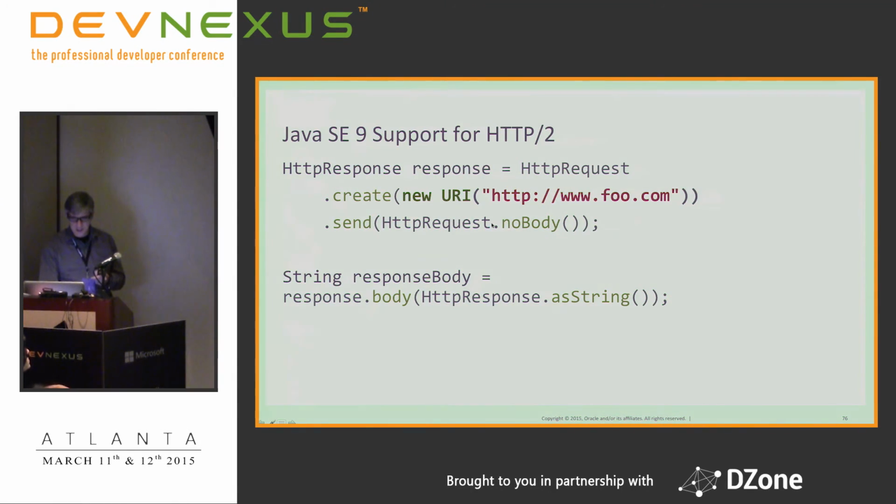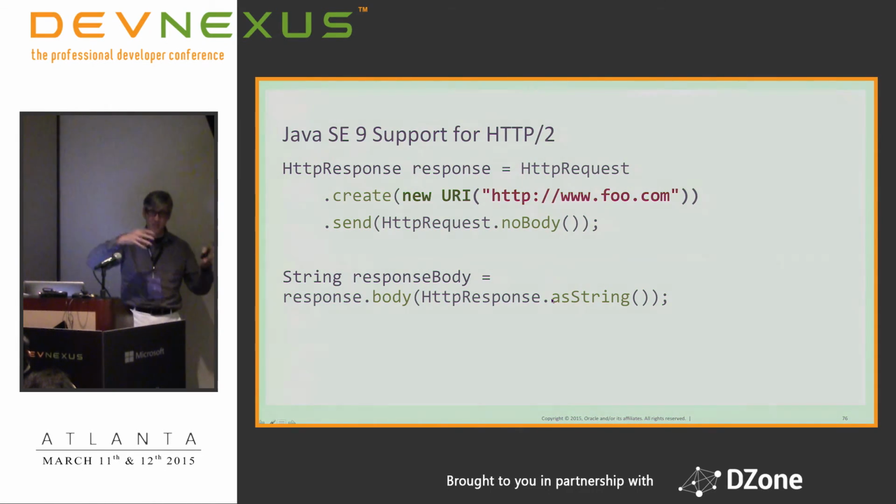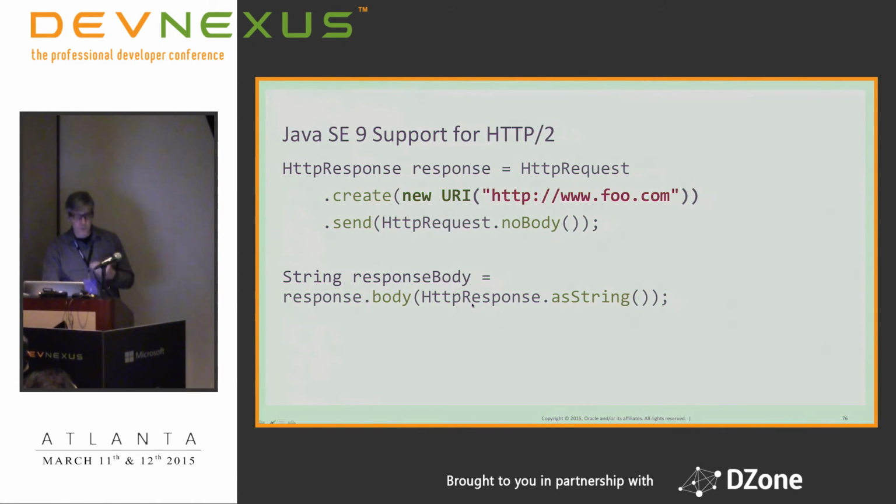The nice thing about this send here is you pass it basically a callback that will be called to allow you to give the request body to the client as it sends it up to the server. So here we're saying we take the response, and I would like you to give me the body response, and the HttpResponse.BodyProcessor is the thing that gets called to process the response and form it in some specific way. And here is pretty much the most common one, which is to give me the response body as a string.